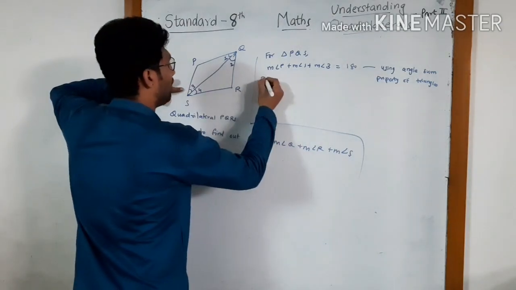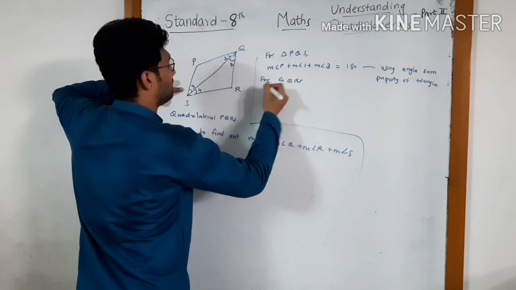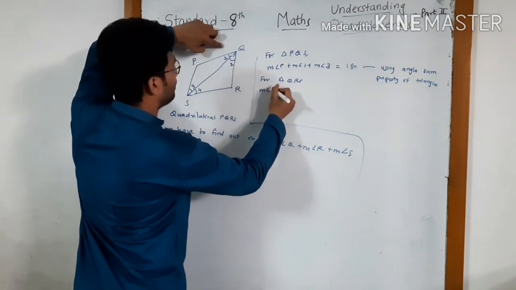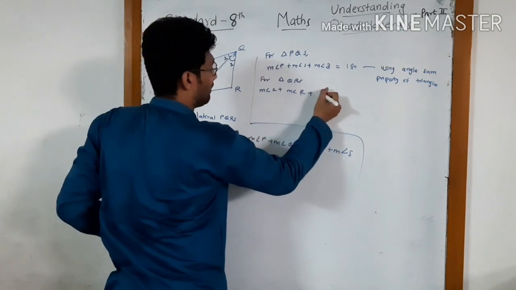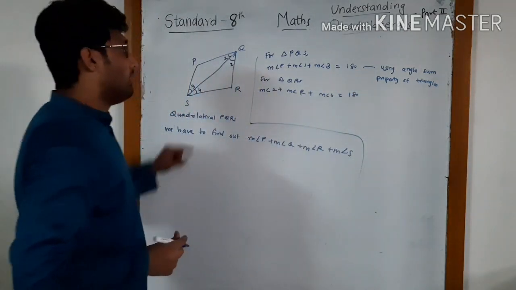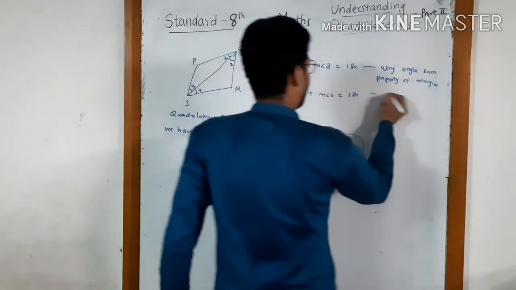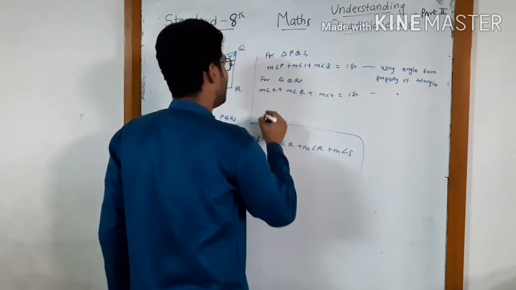Also, for triangle QRS, we have measure angle 2 plus measure angle R plus measure angle 4 is 180. Same property. Now if I add these two, what do I get?